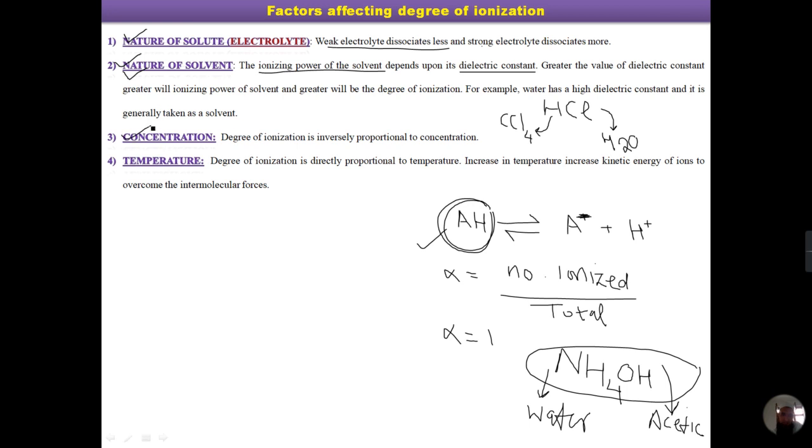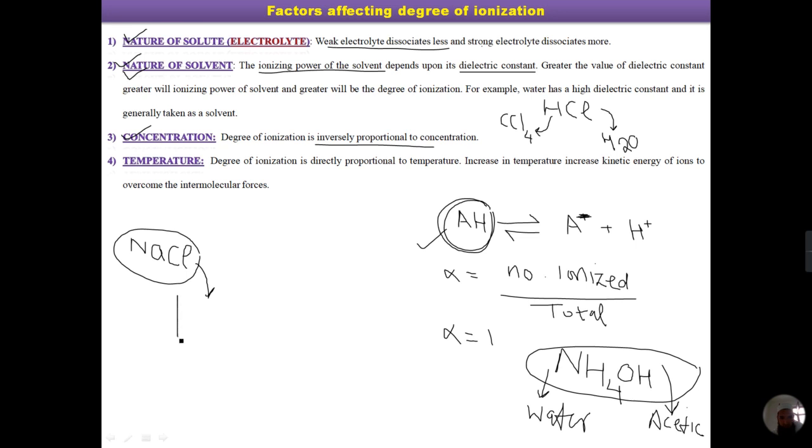Third point, concentration. The degree of dissociation, he writes, is inversely related to the concentration. Now, an important question here: how does it affect? For example, if you have a strong electrolyte like HCl or sodium chloride, obviously this is independent of concentration. That alpha value has nothing to do with the concentration. But what happens if you dissolve a high concentration of sodium chloride in water?